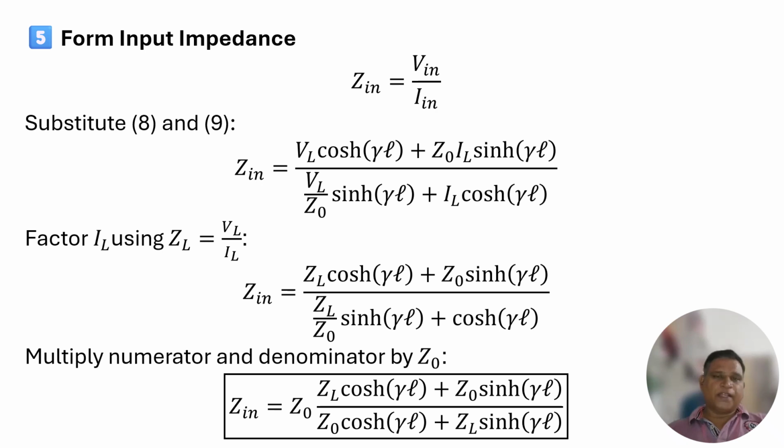From input impedance, Zin is equal to Vin divided by Iin.